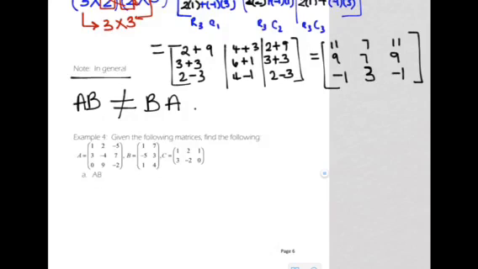The size of matrix A is 1, 2, 3 rows, and 1, 2, 3 columns, and matrix B is 1, 2, 3 rows by only 2 columns.